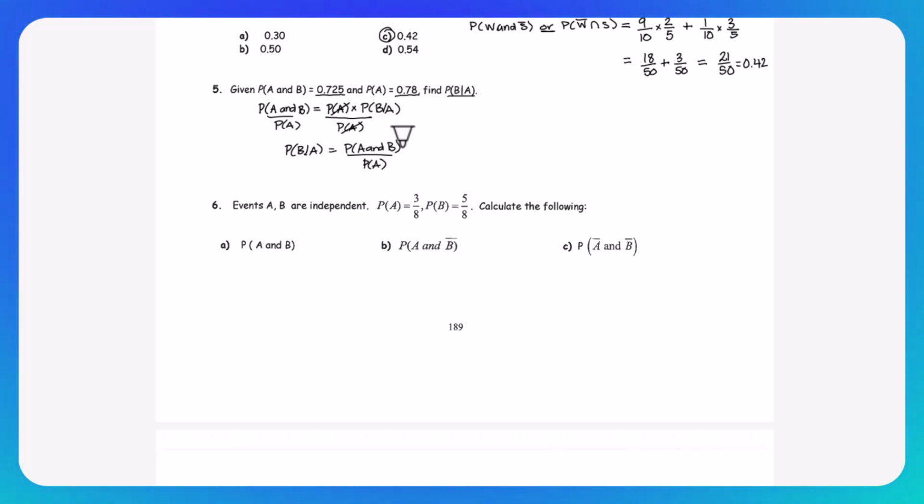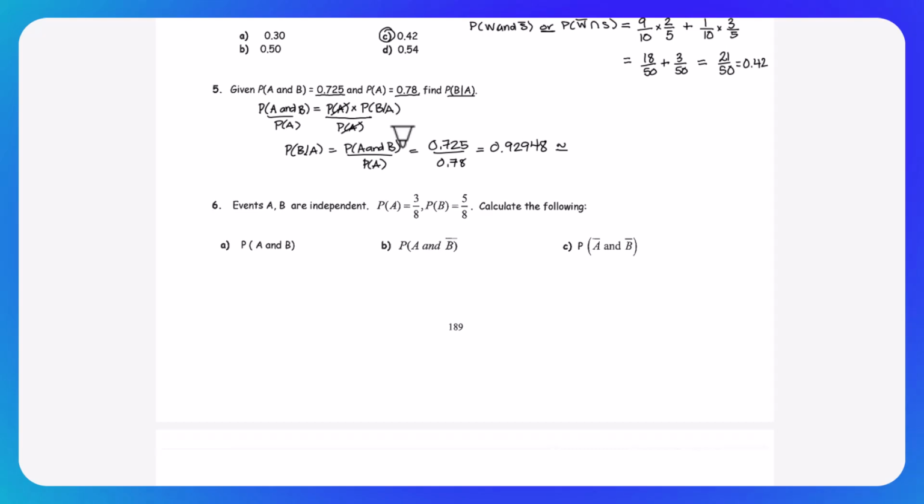So that gives us 0.725 divided by 0.78, which equals 0.92948, which if we're going to round, say, to two decimal places or the hundredths place, what we're normally going to do is put a little approximately sign because it's no longer equal if we're rounding.